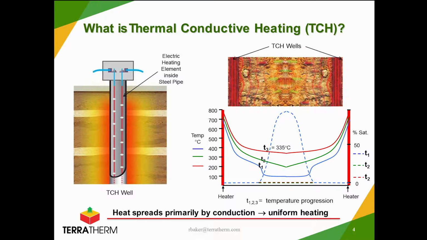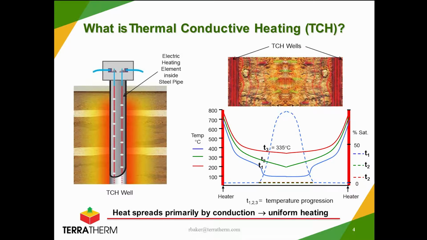The pipe is non-perforated pipe, about 3 inches in diameter, so it's easy to install in the soil, and then when the heater is fully turned on, it's much like the heater on an electric stovetop. It can be turned up or down. It operates at around 600 to 700 degrees Celsius. So the heat moves out from this hot pipe into the surrounding soil by thermal conduction, basically by grain-to-grain contact of the heat.